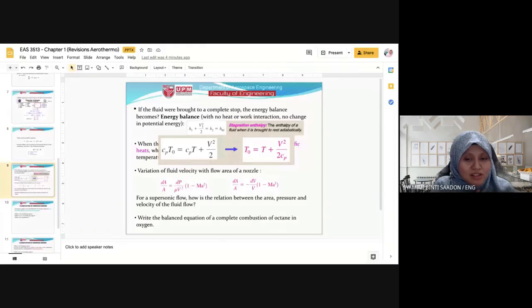We have the change in area in terms of pressure, velocity and density, with MA being the Mach number. You know by now what Mach number is. And another equation in terms of V, the velocity: dA over A equals minus dV over V, times 1 minus Mach number squared.